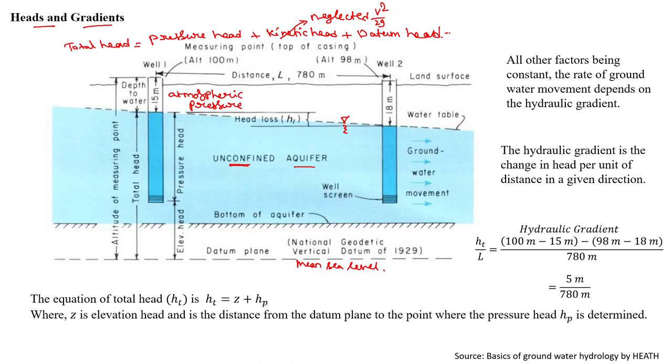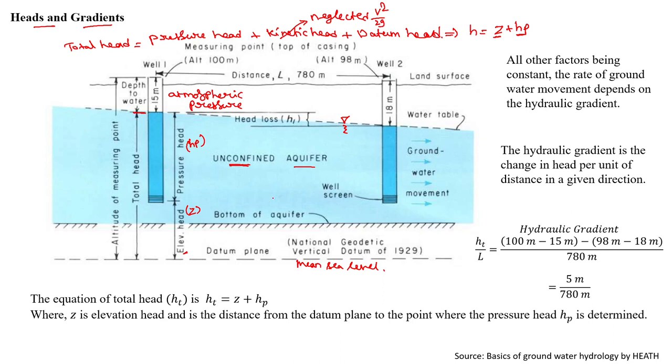So total head in groundwater will be only z plus hp. So z is the datum head, and hp is the pressure head. You can even observe this here: elevation head is Z, and pressure head is HP. So up to here it will be called the total head. These are the basic things.